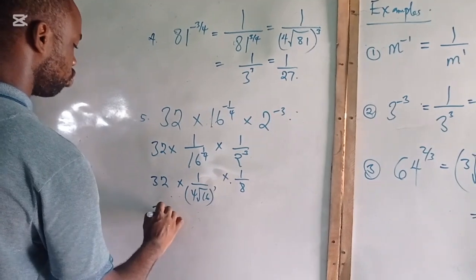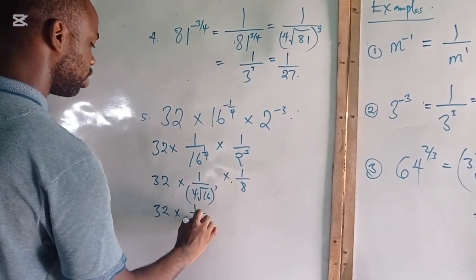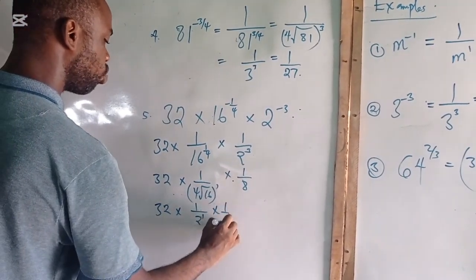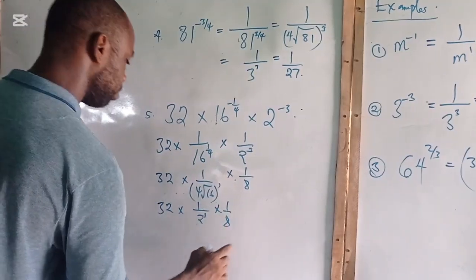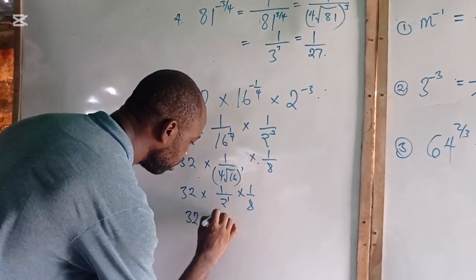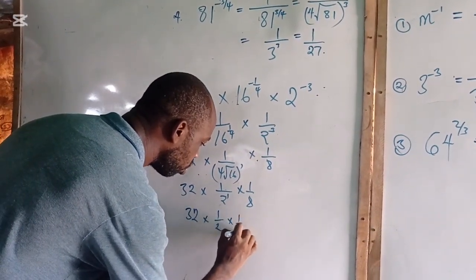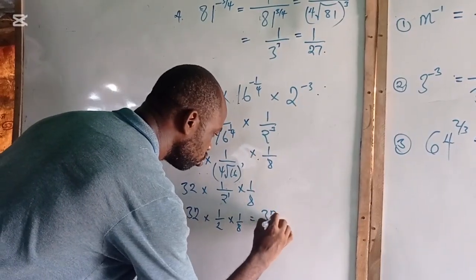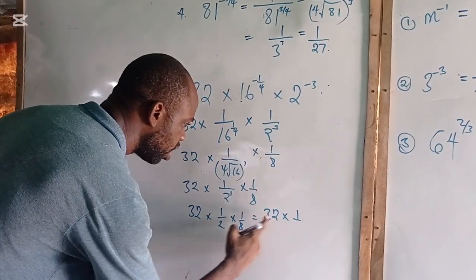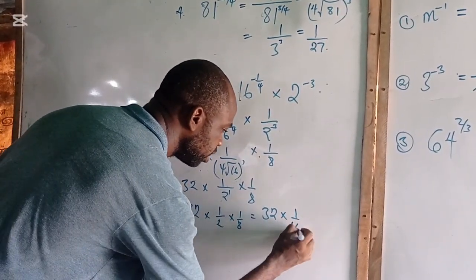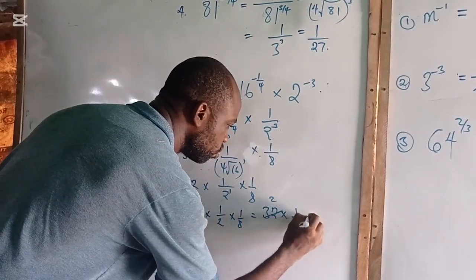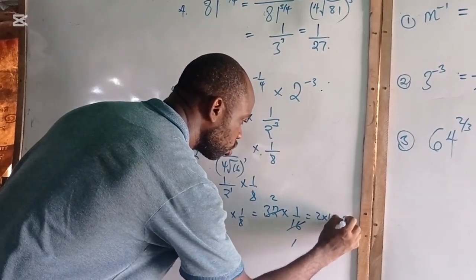So you have 32 times 1 over 2 times 1 over 8, which is 32 times 1 over 16. Here 1, here 2, so we have 2 times 1, equal to 2.